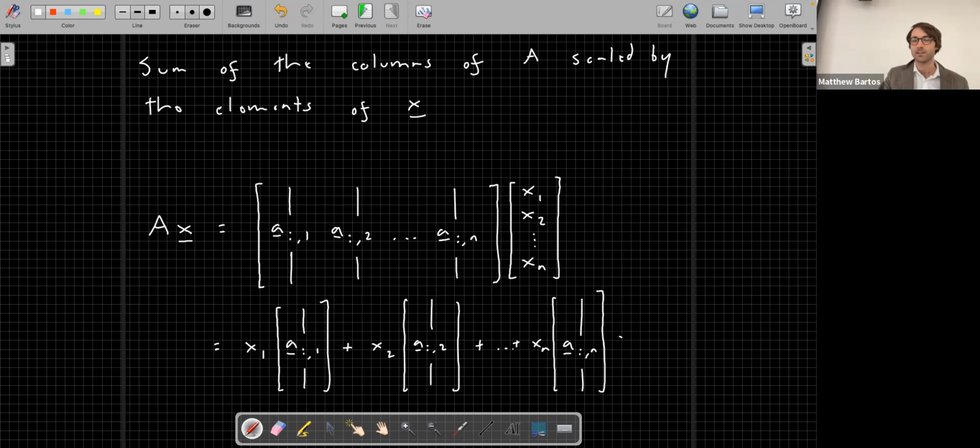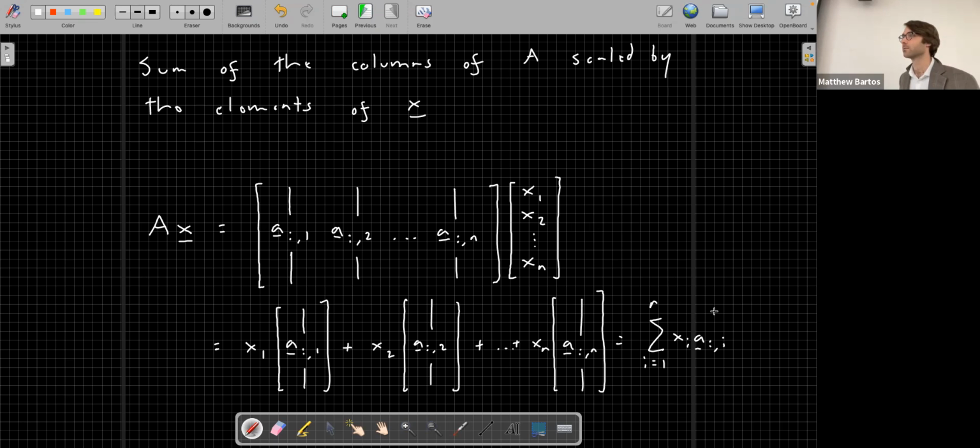And we can write this succinctly as a sum from i equals 1 through n of xi times A(:,i).